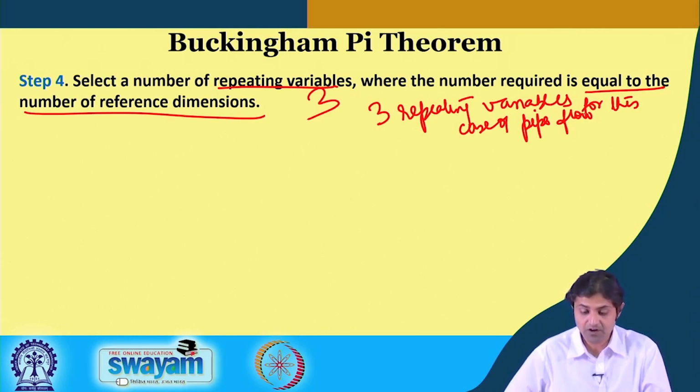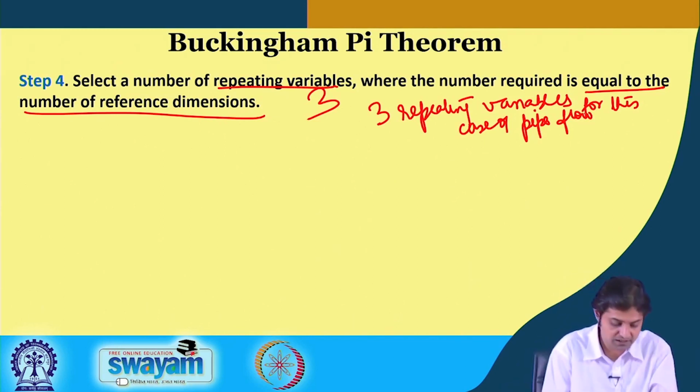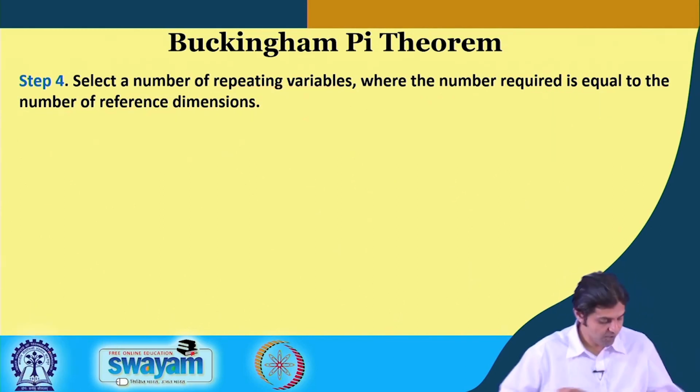And why? Because the number of repeating variables should be equal to the number of reference dimensions. In our case, it is 3.